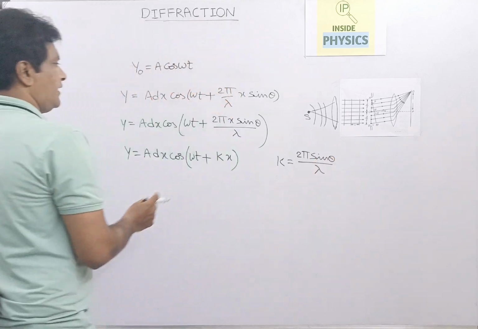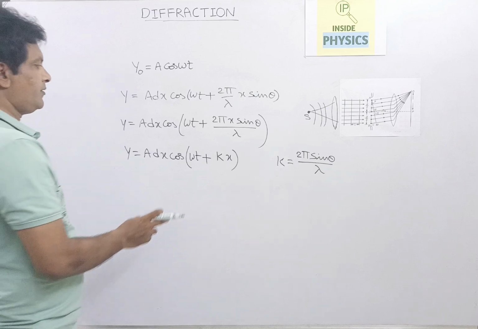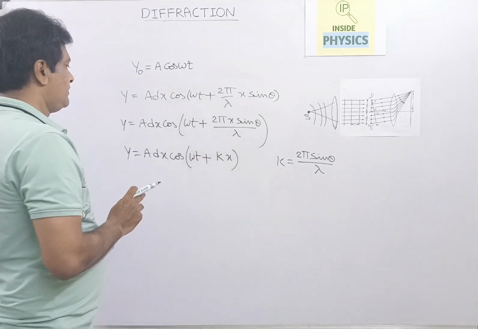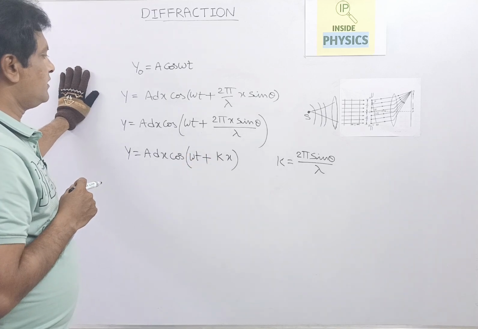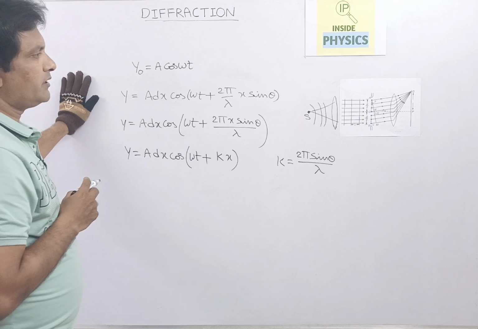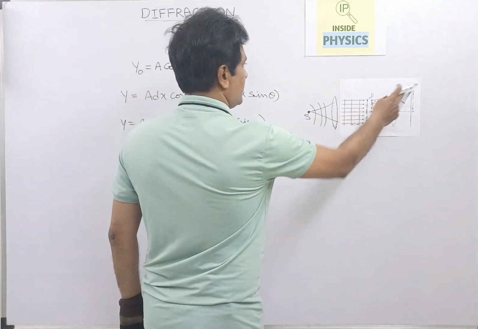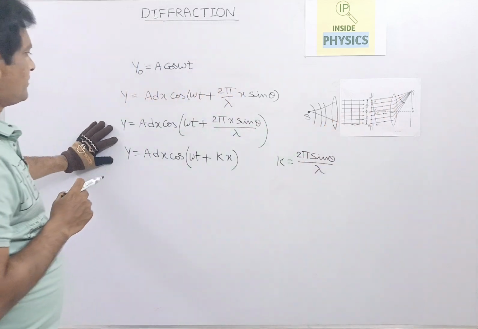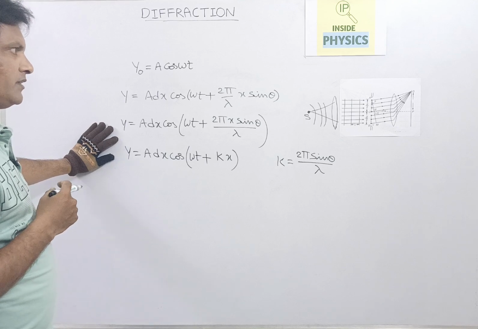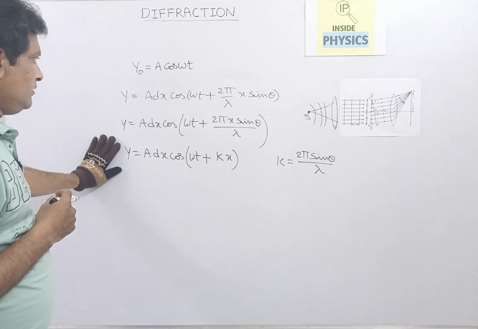So I have written it in this way. This is the wave that must be traveling from 0 to Q, and this can be the vertical displacement, that is the disturbance created at Q.